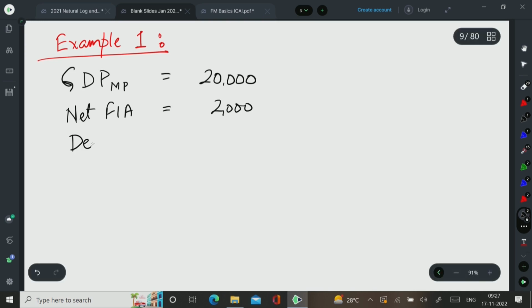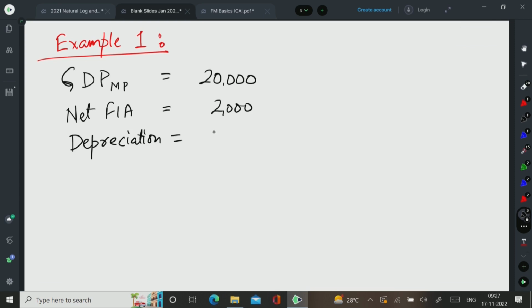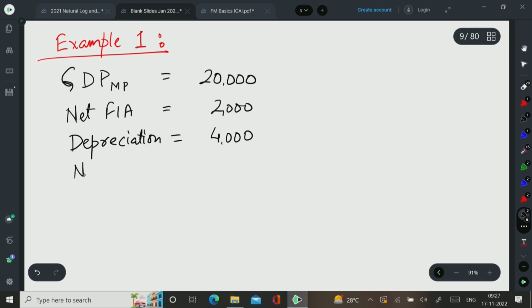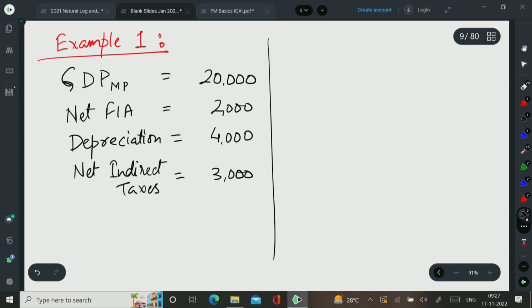I inform you depreciation. Depreciation is suppose 4000. I also inform you net indirect taxes, and that is suppose 3000. And then I tell you to determine the following.